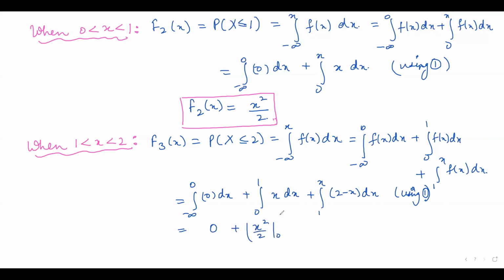So just put the values. Let us check. We'll get this as x square upon 2. So this would be half minus 0, plus 2 times x minus 1 minus half x square minus 1.